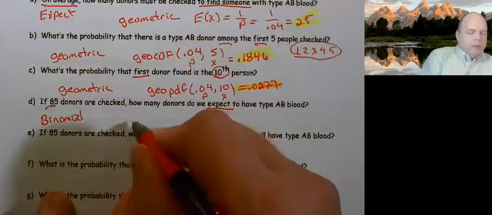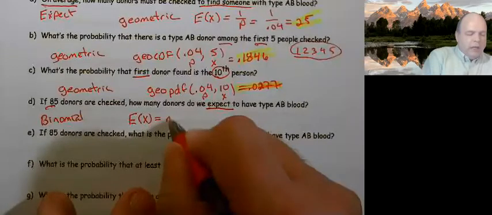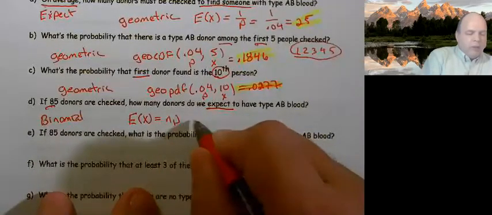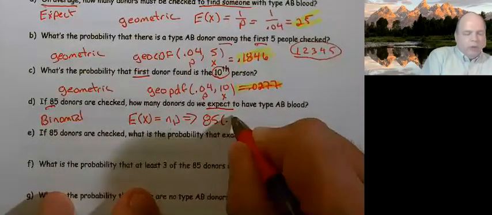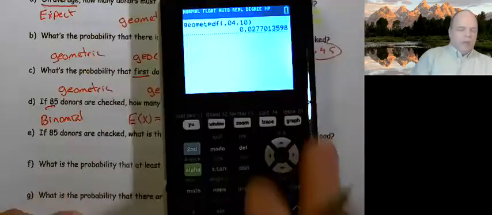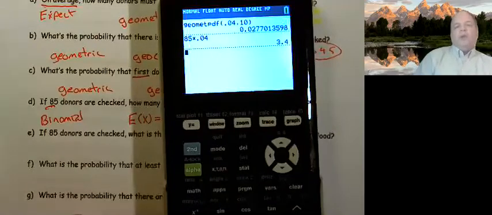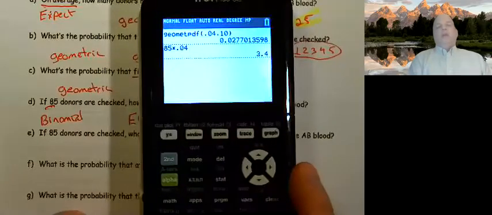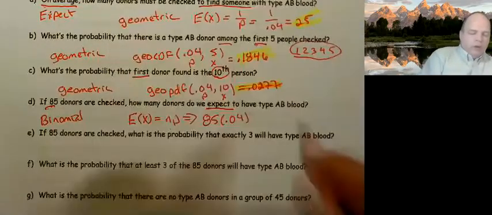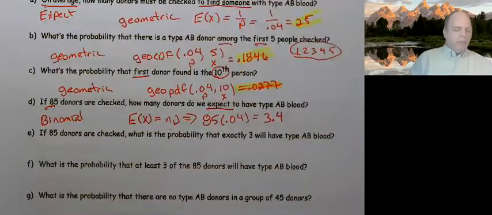So we need to use the expected value formula for the binomial, which is the expected value is NP, which in this case means that we're going to be working with 85, and our probability is still that same 0.04. So once again, 85 times 0.04, and we end up getting 3.4. So out of 85 donors, we would expect about 3.4 to have type AB blood.